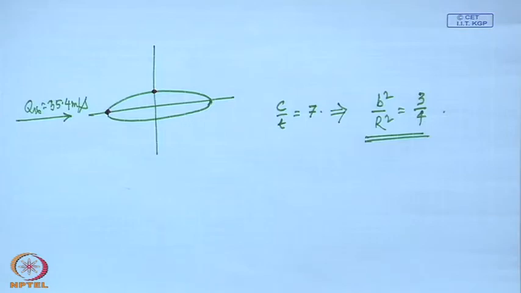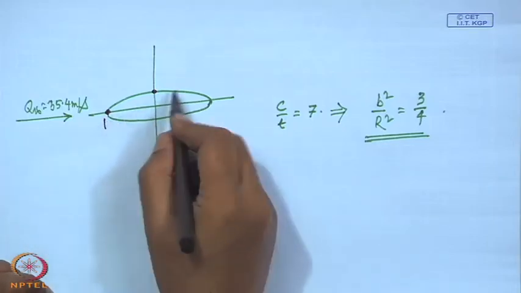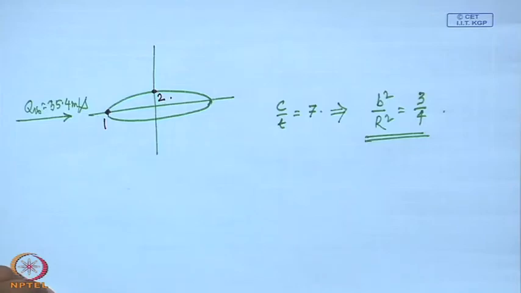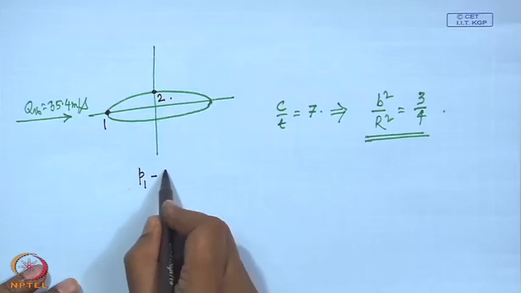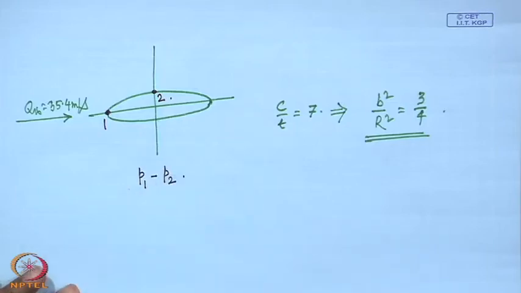Now, let us see what we have to find first before trying to do it. Let us designate these 2 points as 1 and 2. We want the difference between pressure at 1 and 2, P 1 minus P 2. Now, this is an inviscid irrotational flow, ideal flow.